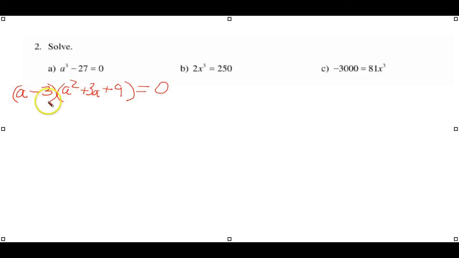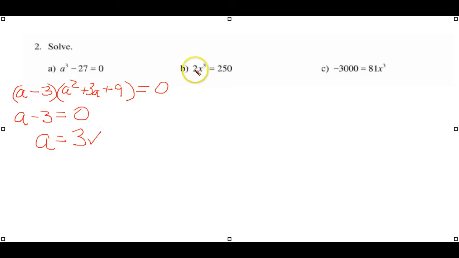Now we can take this factor, a minus 3, and equal it to 0. This doesn't factor, so we're not able to solve this at this time, but we know one of our answers is a equals 3. If you put a 3 there, 3 to the third is 27. 27 minus 27 is 0. So this is one of the answers.